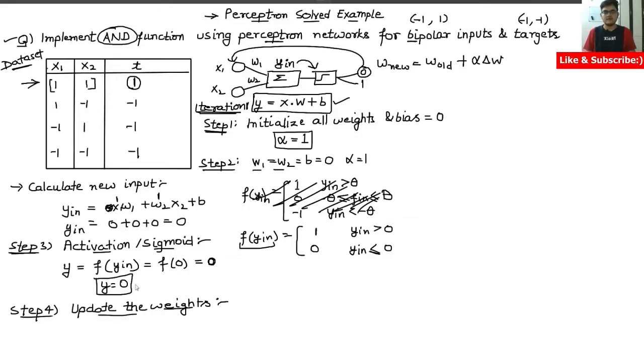After just checking the value of y, and comparing this, if this is not equal, we will have to update the weights, and we will do this iteration after iteration until and unless the values of y, which is coming after calculation, start becoming equal to these values in the data set.